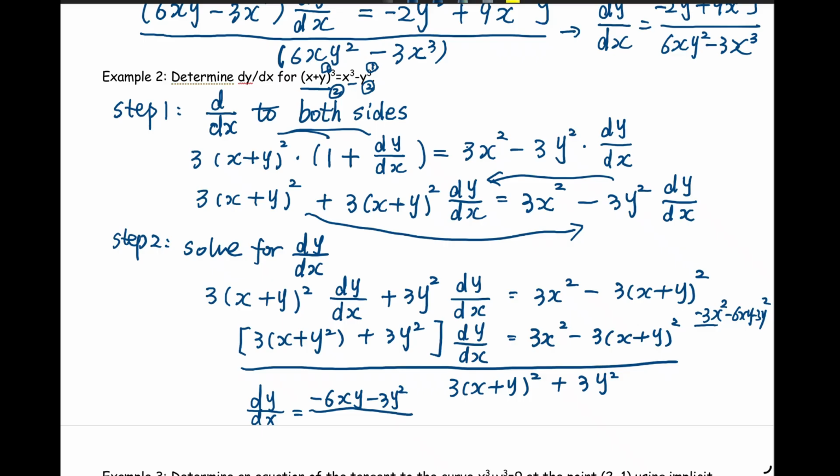So it's positive 3x squared plus 6xy plus 3y squared, then plus 3y squared, you will have 3x squared plus 6xy plus 6y squared. If you continue to simplify further, 3 cancel out, you have negative 2xy minus y squared divided by x squared plus 2xy plus 2y squared.